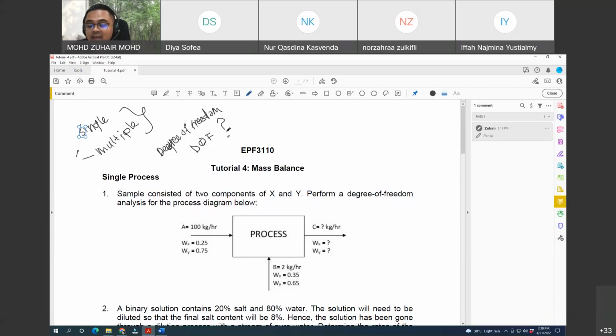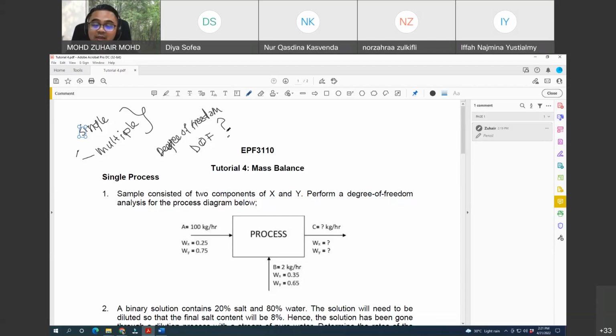And then when we have multiple processes, we do the degree of freedom analysis to determine which to start first. Because we have maybe process A, process B, process C, process D, and the overall processes. So we need to do the degree of freedom analysis for each process to see where to start. So we also need to know how to do the degree of freedom analysis.